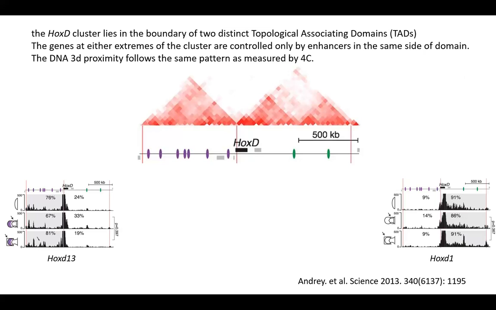Hox-D1 is not expressed at all during limb development. So if you look at the expression, it doesn't show up. And if you look at the interaction, this is measuring something similar to Hi-C, but on a local scale, called 4C. You can see that the interaction between the Hox-D locus and the regulatory region is only to the left, right?